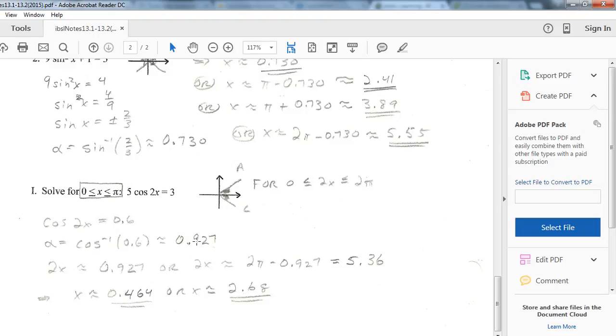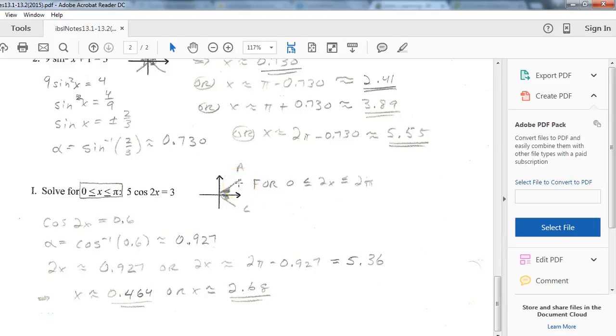So remember, cosine values work left and right. And so if I have my 0.927 right here as my reference angle, my main angle, that gives us our first answer that we have right here. Well, where else would I have that same value? So keep in mind that this is positive because I went right, right?